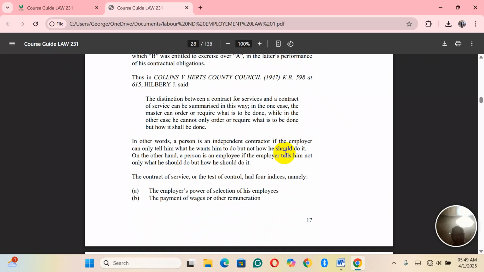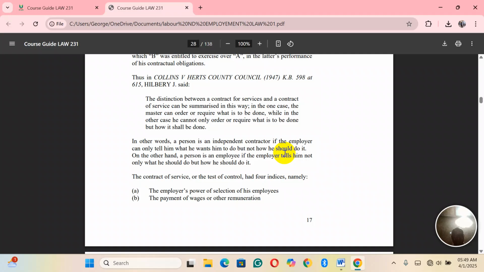In other words, we say a person is an independent contractor if the employer can only tell him what he wants him to do, but not how he should do it. On the other hand, a person is an employee if the employer tells him not only what he should do, but how he should do it.